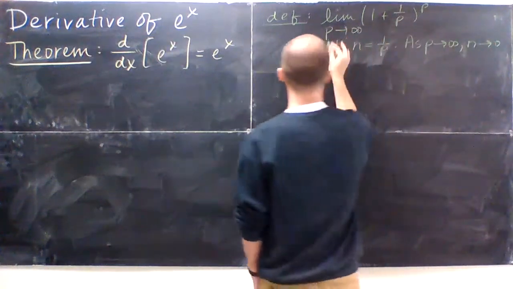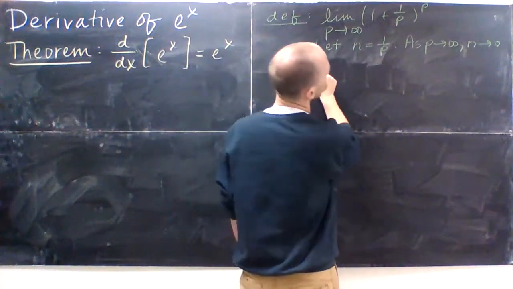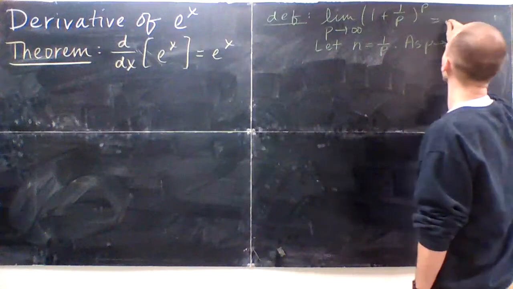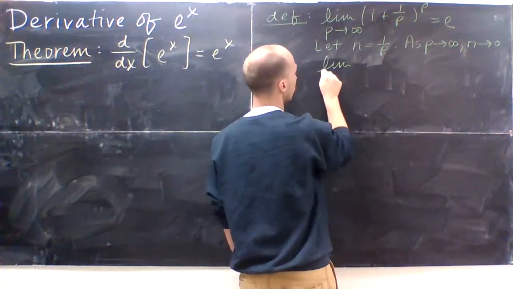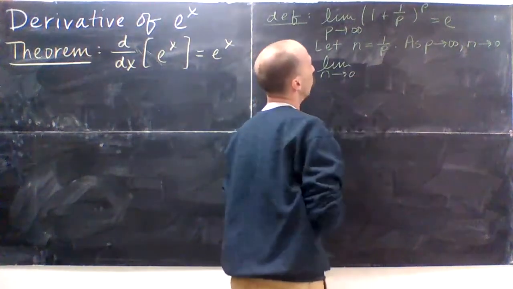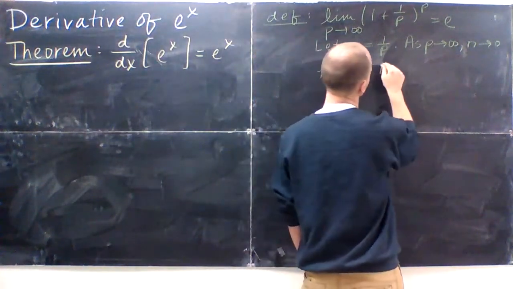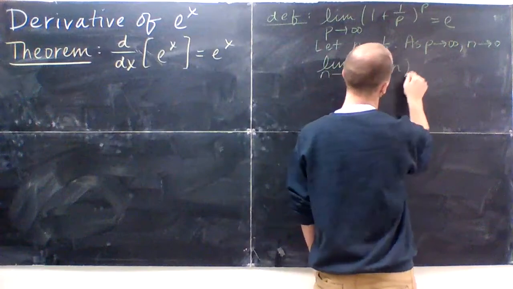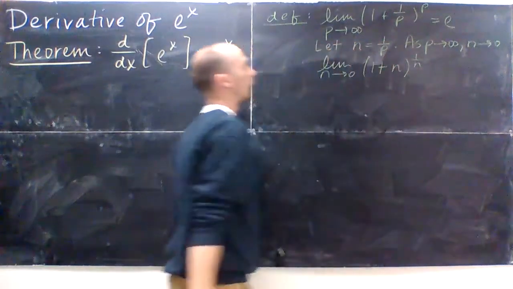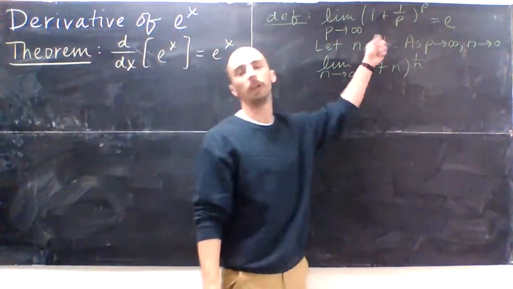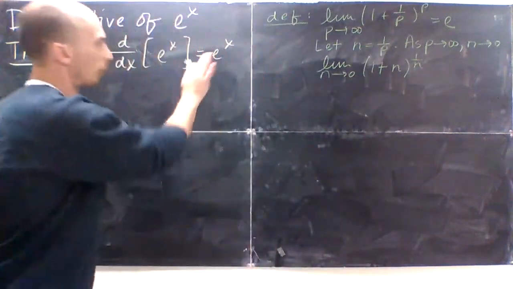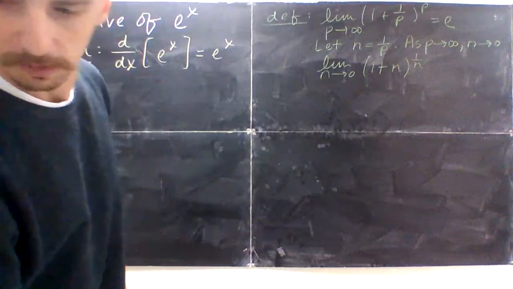So this is the same as the limit as n goes towards 0 of 1 plus n to the 1 over n power, because if n is equal to 1 over p, then p will equal 1 over n. Okay. So I'm going to need that. I'm going to come back to that right at the very end.